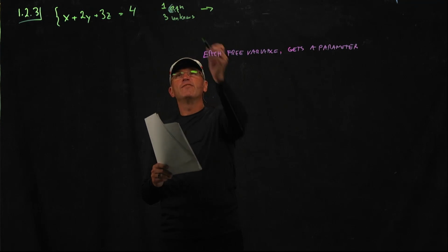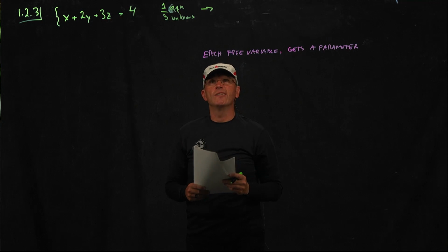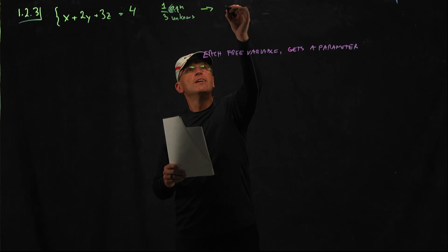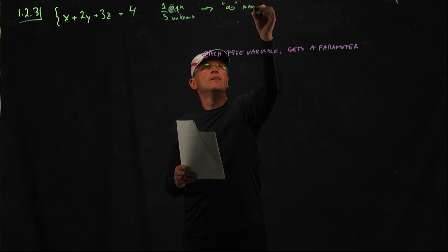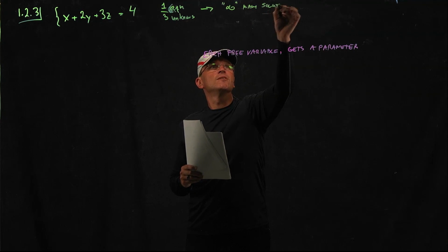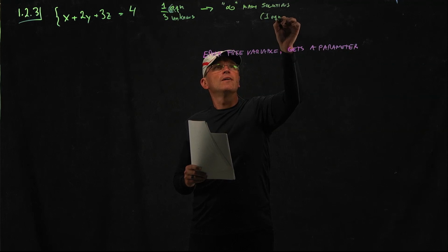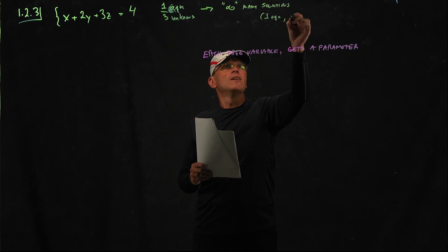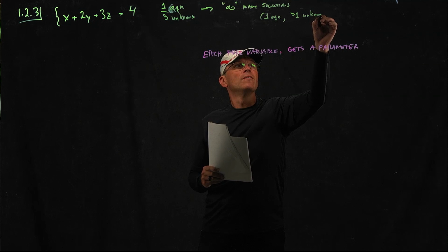In this case, if you only have one equation, you're actually guaranteed to have infinitely many solutions, right? So here we are going to have infinitely many solutions because we have one equation, more than one unknown.